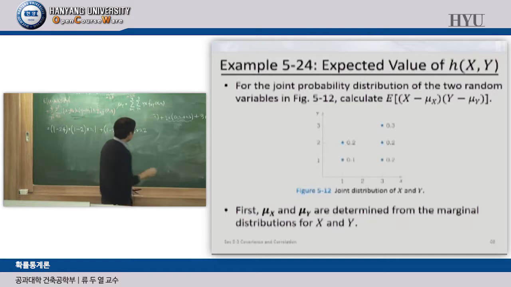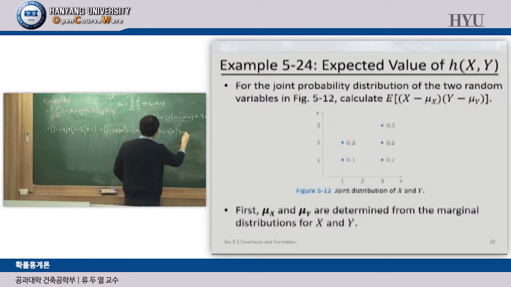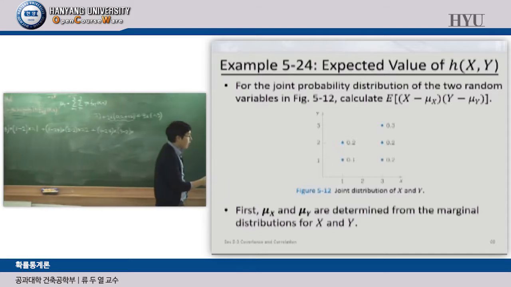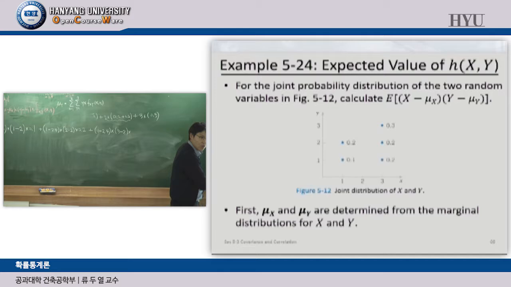Plus, when x is equal to 1 and y is equal to 3, the joint probability mass function is equal to 0. There's nothing here.